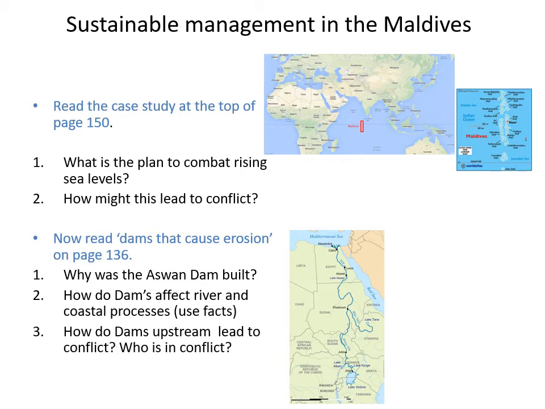And in Egypt, for example, there's a huge amount of sediment no longer getting to the Nile Delta. So there's a massive amount of erosion going on. And that's a real problem for Egypt, because the Nile Delta is basically the largest area of farmland in the entire country. So it's causing lots of issues. So again, it's another bit where I just need you to go away, have a look at those two case studies, get some decent notes, okay, and then when you're ready, carry on.